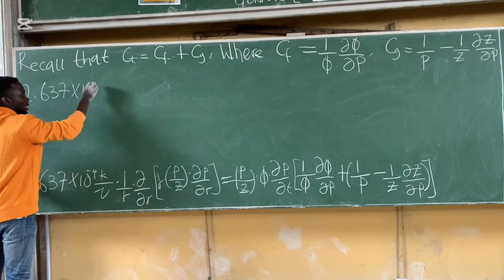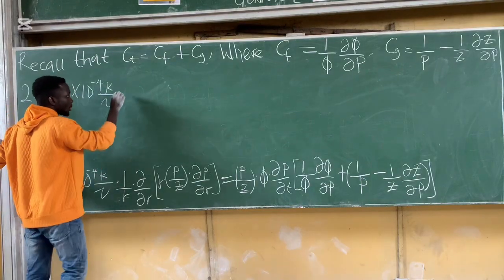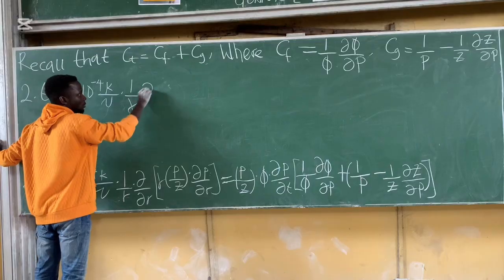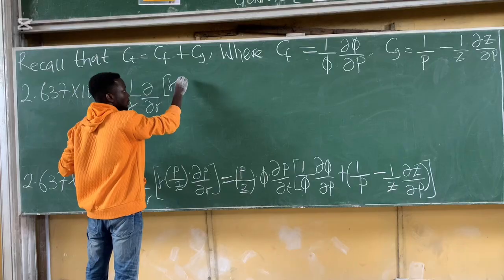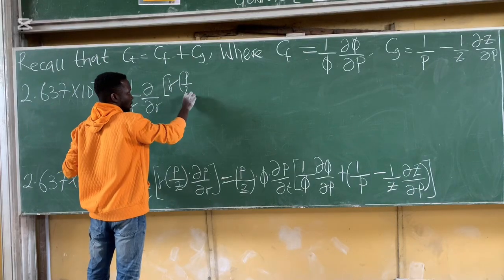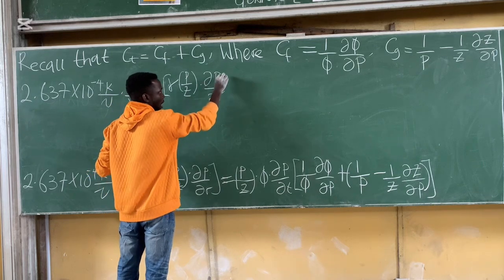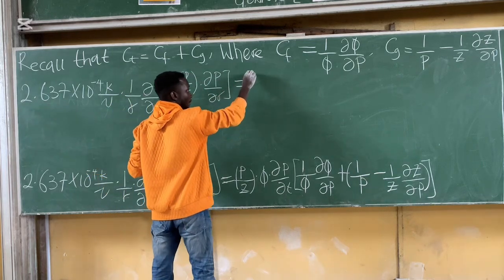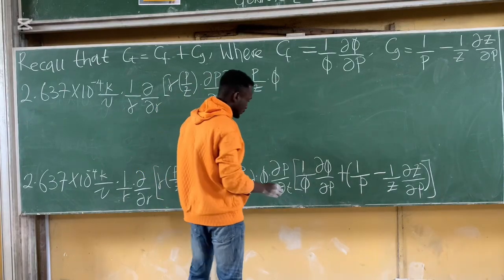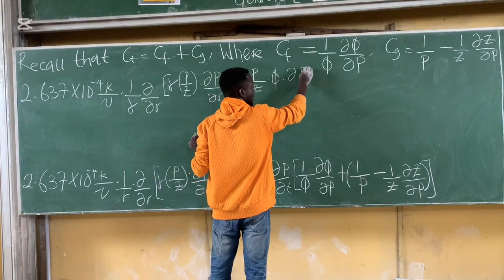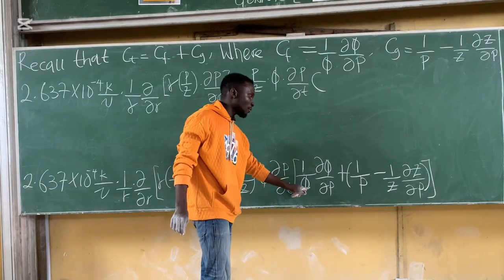If that is the case, our equation becomes 2.637 times 10 raised to the power of minus 4k divided by mu multiplied by 1 over r, d/dr of r times p over z dp/dr, is equal to p over z phi dp/dt into, now if you look at this bracket, we have 1 over phi d phi dp.